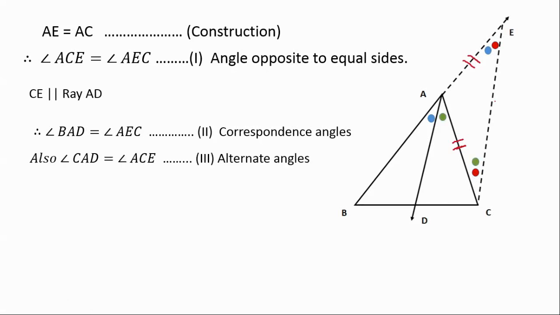Now, with respect to segment AC, we can say that angle CAD is equal to angle ACE, as these are the alternate angles. Now, using these three statements, equations 1, 2 and 3, we say that angle BAD is equal to angle CAD.